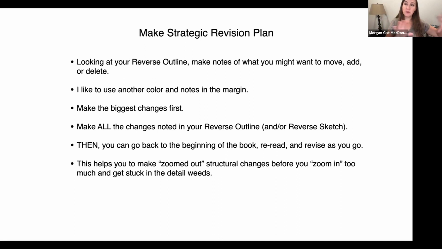And you can also make corresponding notes in the draft at this point. If you want to make a comment in the draft, you can start to make those notes in the draft itself, but we're not making a lot of changes right now. We're making the plan for what we're going to change. And we're only thinking about big changes.